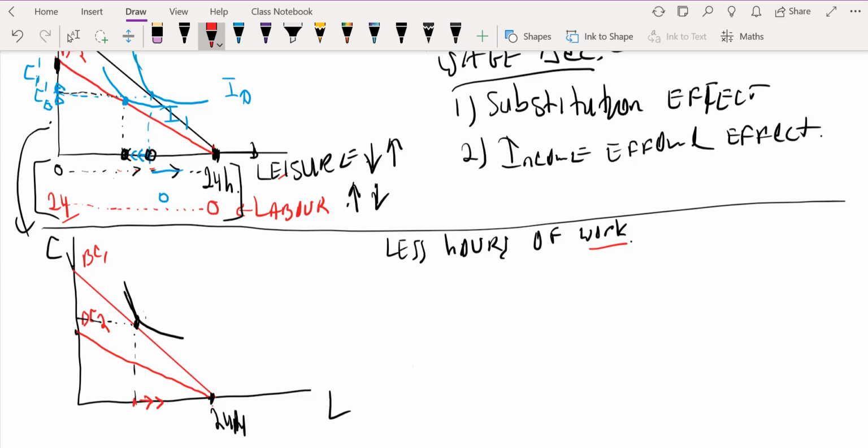Basically in a given day you have 24 hours which you can spend working or having a rest, or enjoying your time. So we will now be having more of that, and let's say we move to this point in terms of leisure, and this will be our new line here.